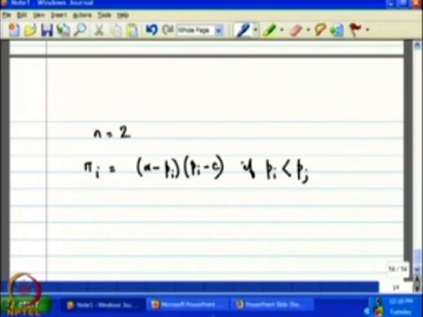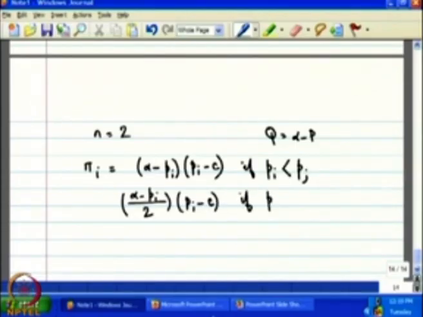Each firm is getting half of the demand, which means that Q that we were talking about, Q was equal to alpha minus P. Each firm will get only half of it, which means that this first component, the alpha minus Pi, the first term within the bracket, each firm will get only half of that, which means that this is going to be (alpha minus Pi) divided by 2 multiplied by (Pi minus C), if Pi is equal to Pj.